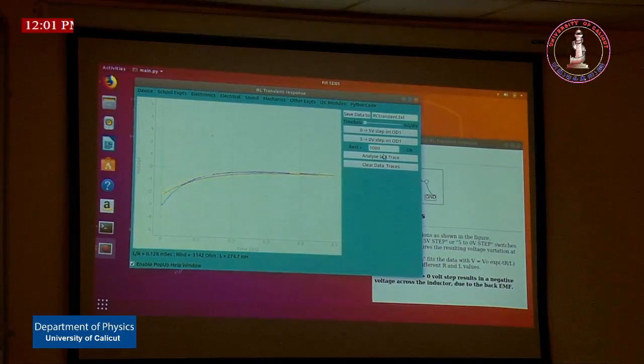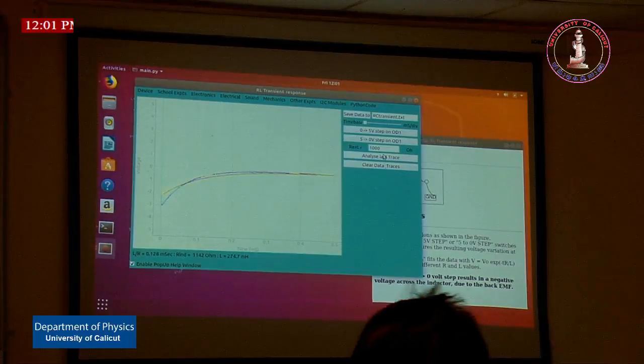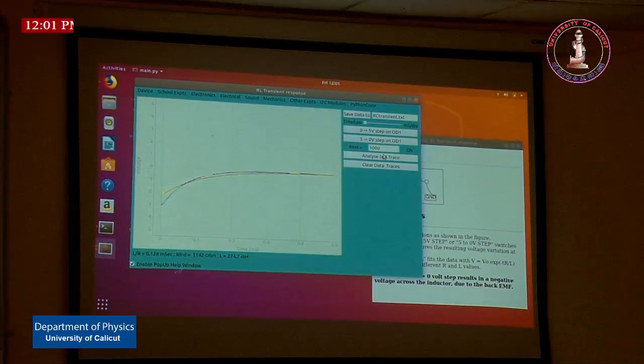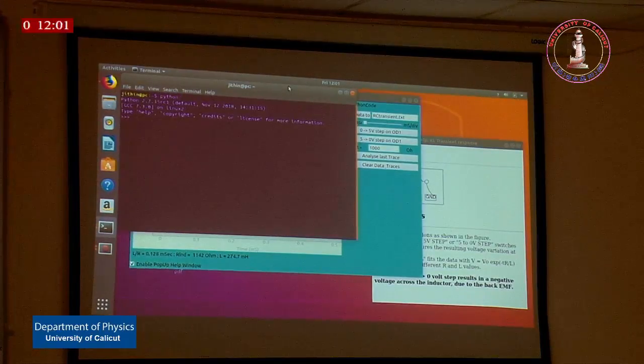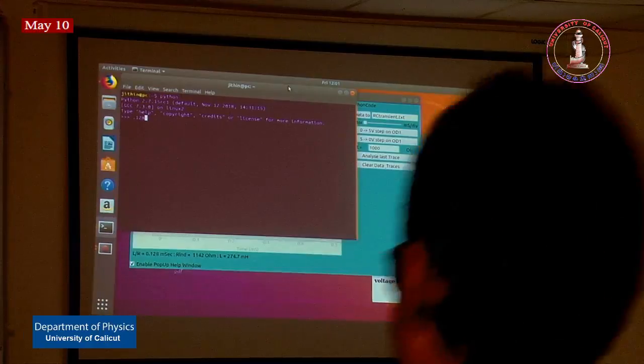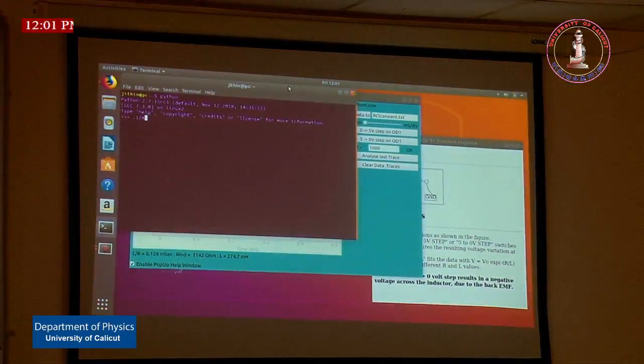Let me check. I am getting 0.128 divided by... Okay.